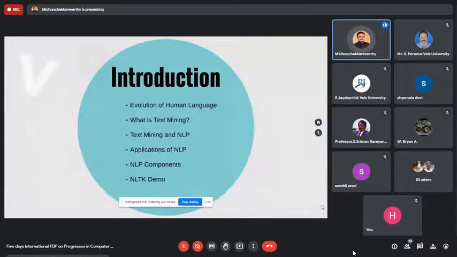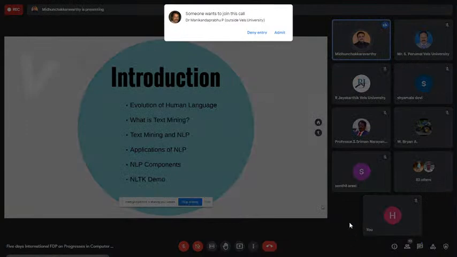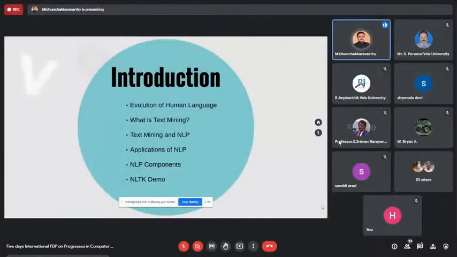Those who are starting your research, either networking, data mining, or image processing, whatever the stream, surely you will have done feature extraction. This is the first step in feature extraction, for preparing and formatting your data set for your research. So if you are really doing research in text mining, then this is for you.